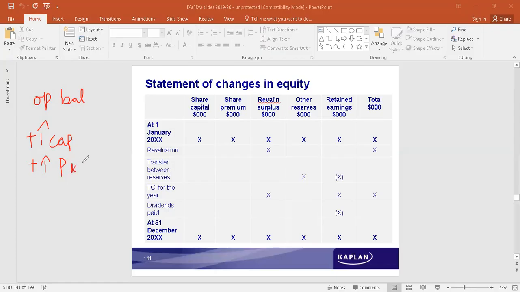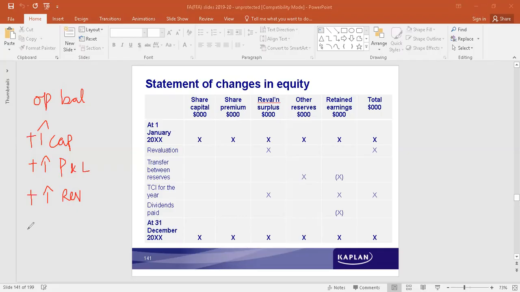The other things like a revaluation happening and the gain, because revaluation is on account of increase in the value of asset, that's the gain. So increase in revaluation would be increasing the opening balance.